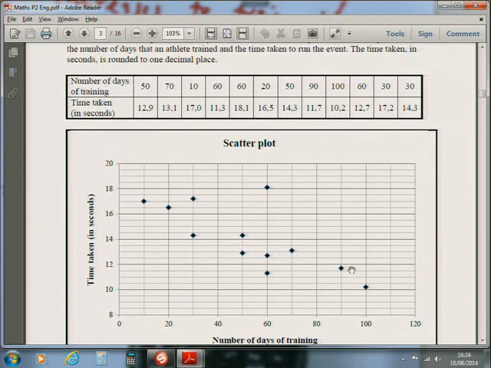13.1. No. Let me start again. I made a mistake here.